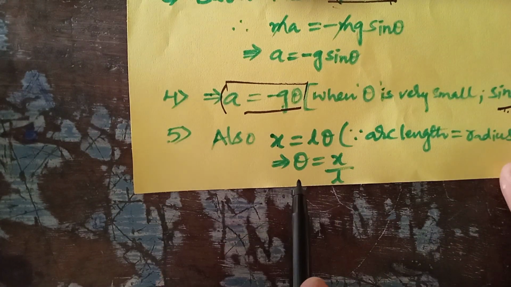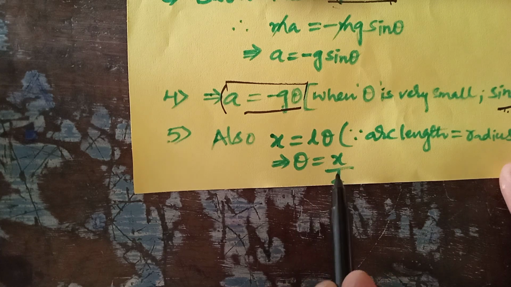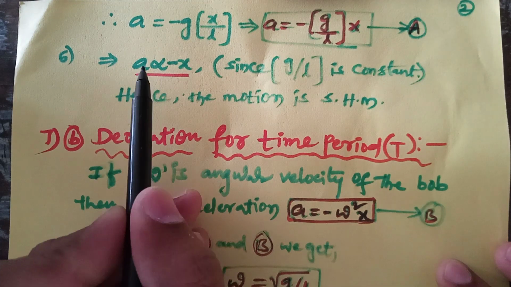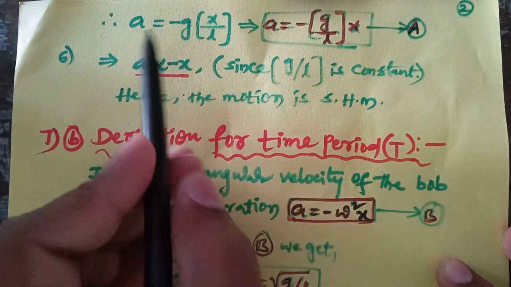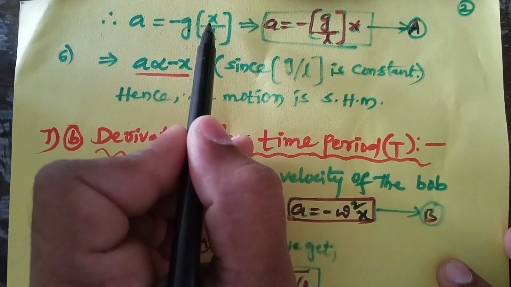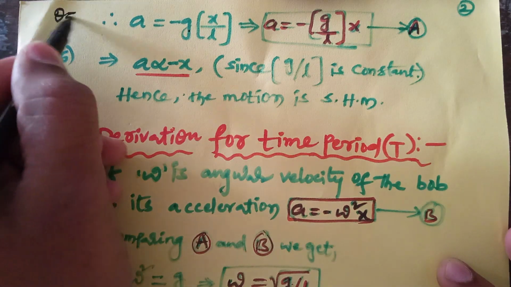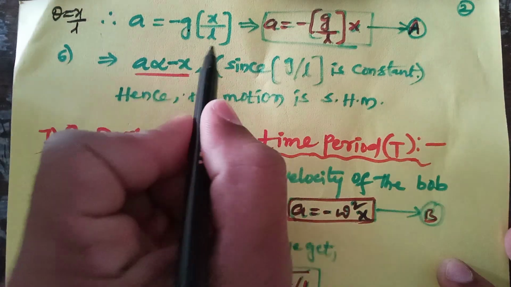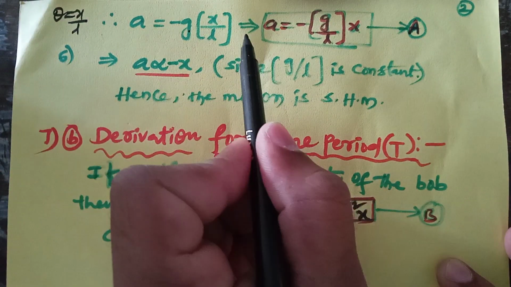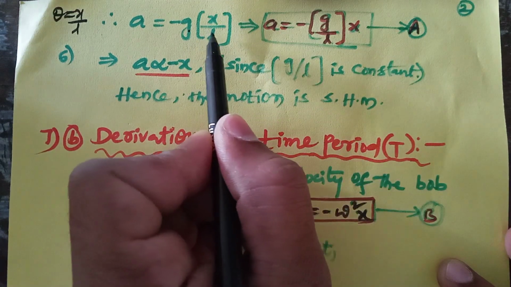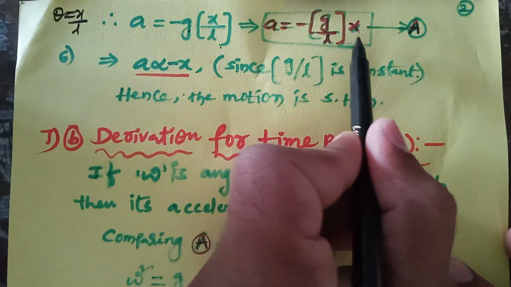From this we find theta is equal to x by L. Now a is equal to minus g times theta; substitute theta equal to x by L in this equation. Now a is equal to minus g by L of x.